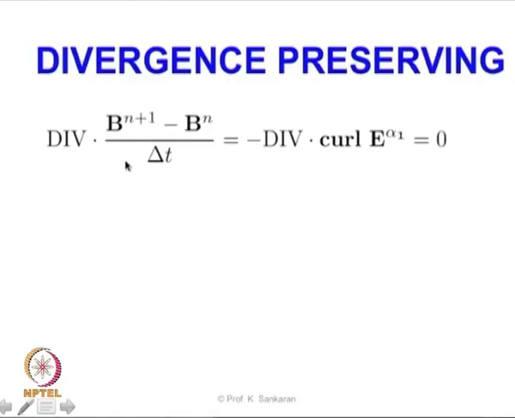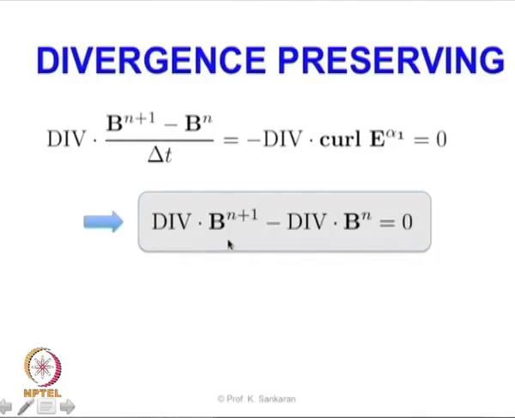One can also see that when we take the divergence on both sides, what we get is the divergence of Bn plus 1 minus divergence of Bn is equal to 0, because this is an identity. The divergence of curl will always be 0.